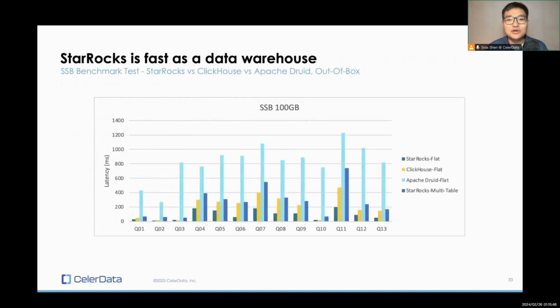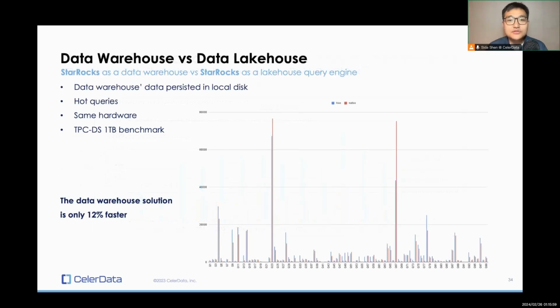This is an image already shown in the previous section. StarRocks itself can work as a data warehouse. It has amazing performance, right? And this is StarRocks as a data warehouse versus StarRocks as a lakehouse query engine. This is on the TPC-DS 1 terabyte benchmark test, right? Hot queries, exact same hardware.